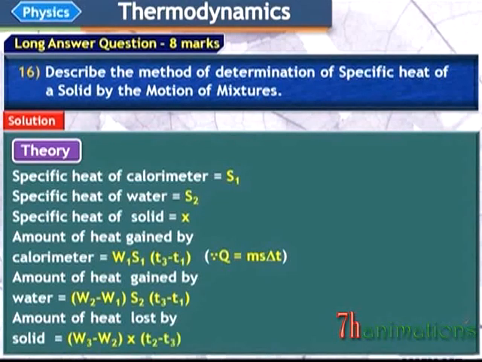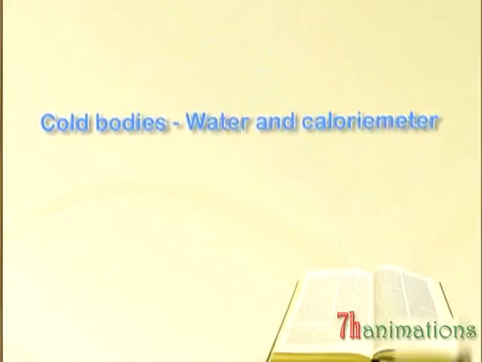In this experiment, the temperature of the solid is more than that of the water as well as the calorimeter. That means the temperature of the solid is more compared to the temperature of water as well as the calorimeter. Since we are mixing these two, the cold bodies are calorimeter and water, and the hot body is the solid.